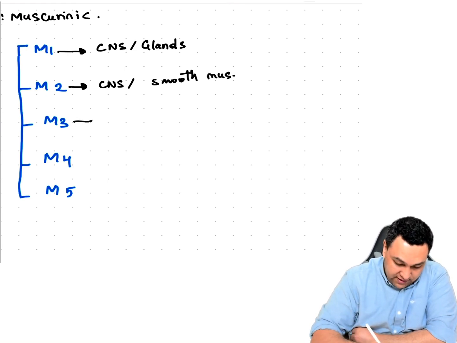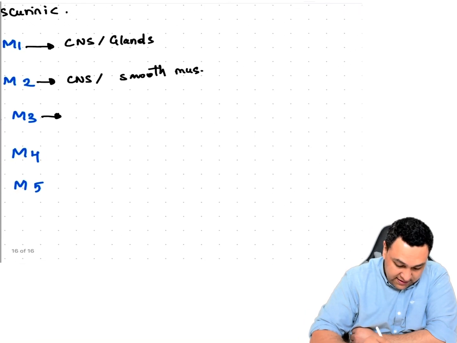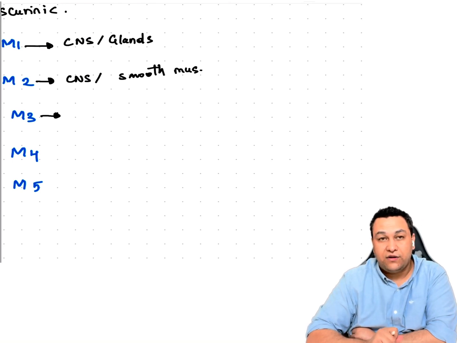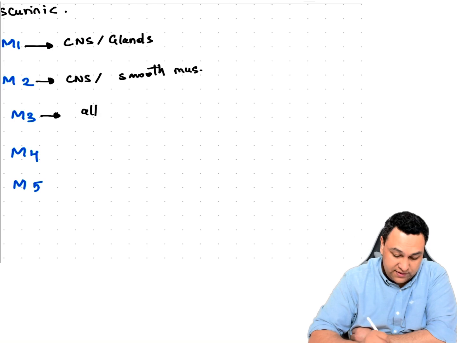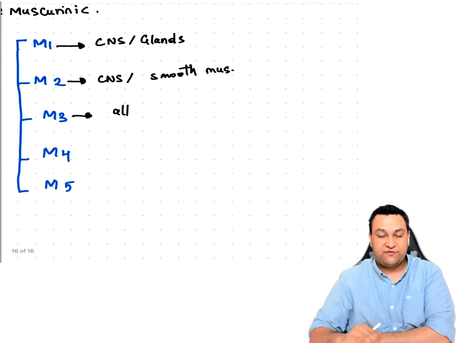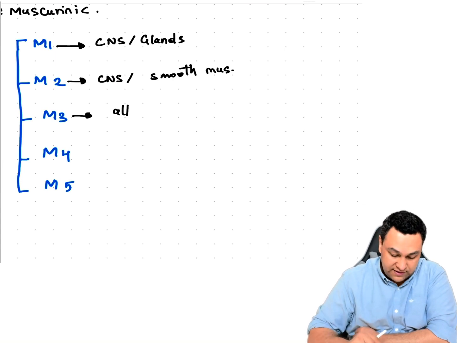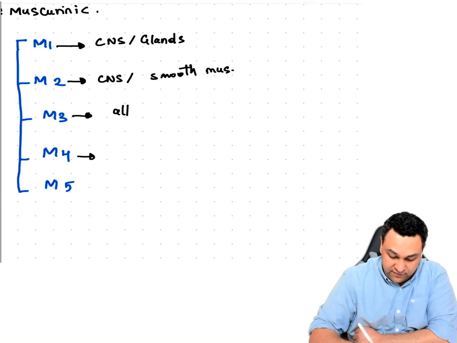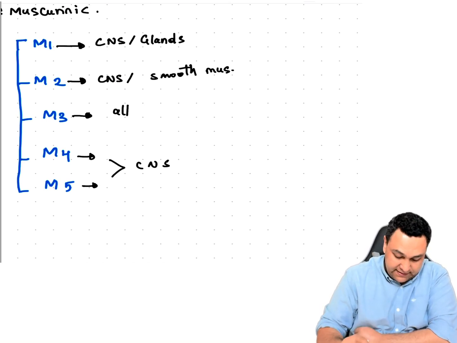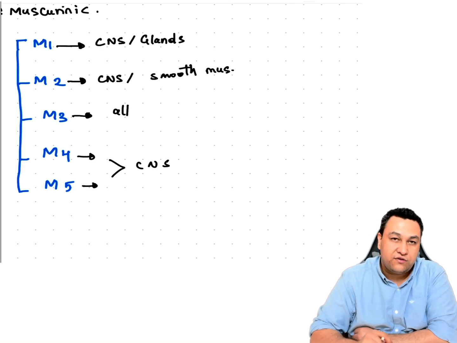And M3 is seen pretty much everywhere else, in the lung, in the heart, in all other tissue. But M1 and M2 are more specific for smooth muscle and central nervous system. M4 and M5 are both predominantly seen in specific areas of the central nervous system, such as the substantia nigra and others.